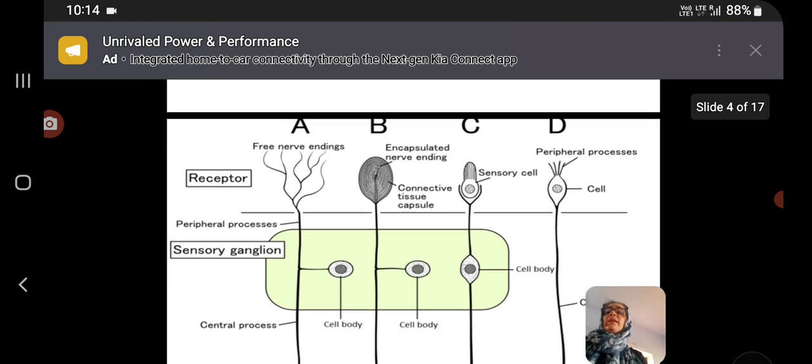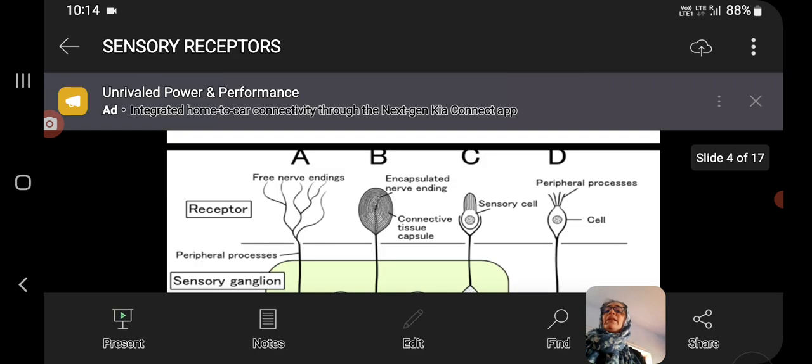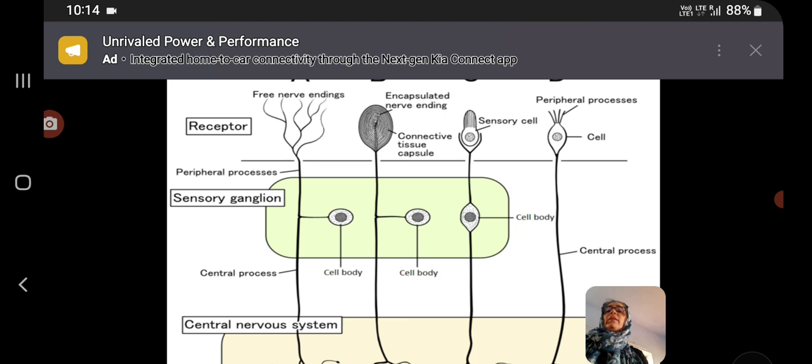So we can see now there are 3 different simple receptors in our body. The first one is free nerve endings, the second is encapsulated nerve endings, and another is sensory cells, which are specifically for sensing taste, smell, sight, and touch.